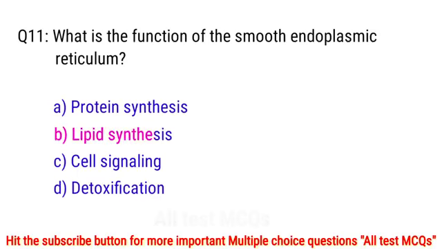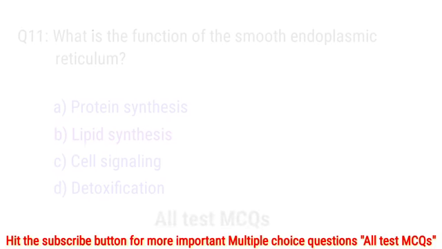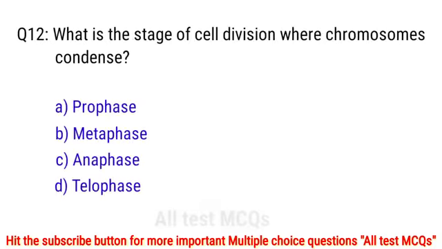The right answer is option B, lipid synthesis. Question number 12. What is the stage of cell division where chromosomes condense? The right answer is option A, prophase.